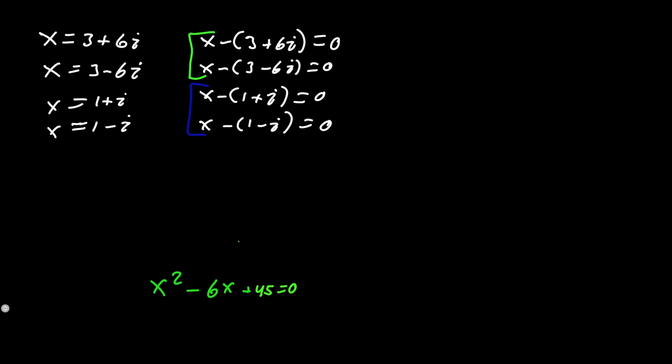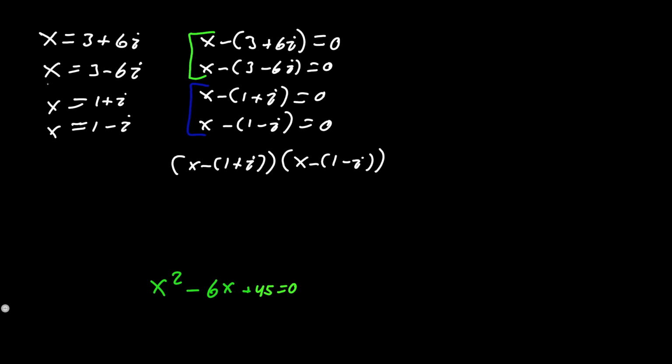So we have found our first equation just from multiplying out the conjugate pairs. And for the second expression, we will have x minus 1 plus i times x minus 1 minus i.